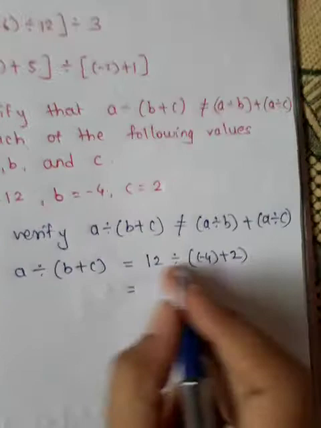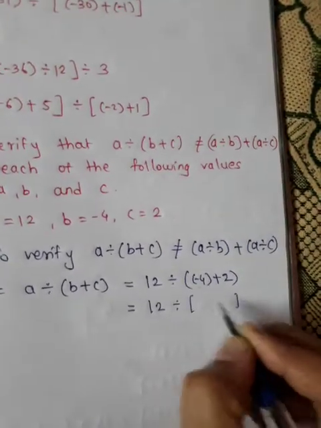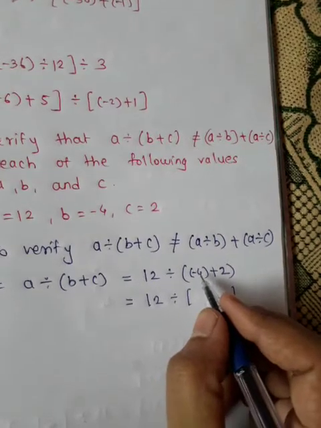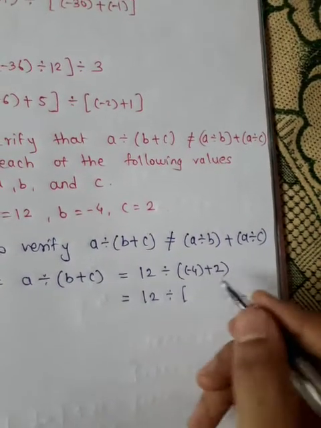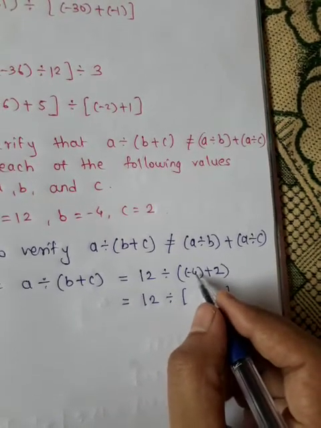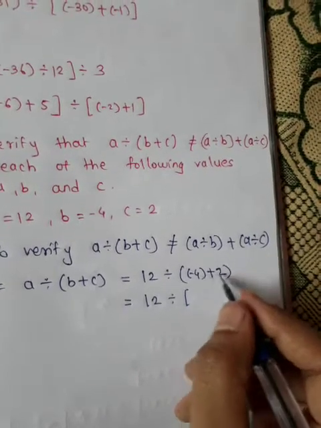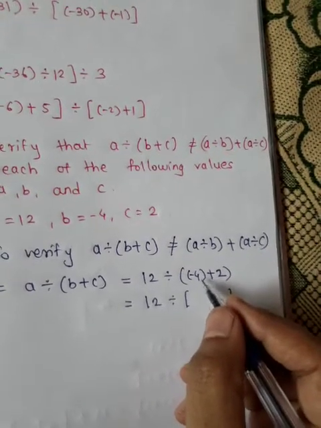Okay, so solve this term. 12 divided by, in bracket minus 4 plus 2, means we have to add these integers. So here 4 has negative sign and 2 has positive sign. If the integers have different signs then we subtract.